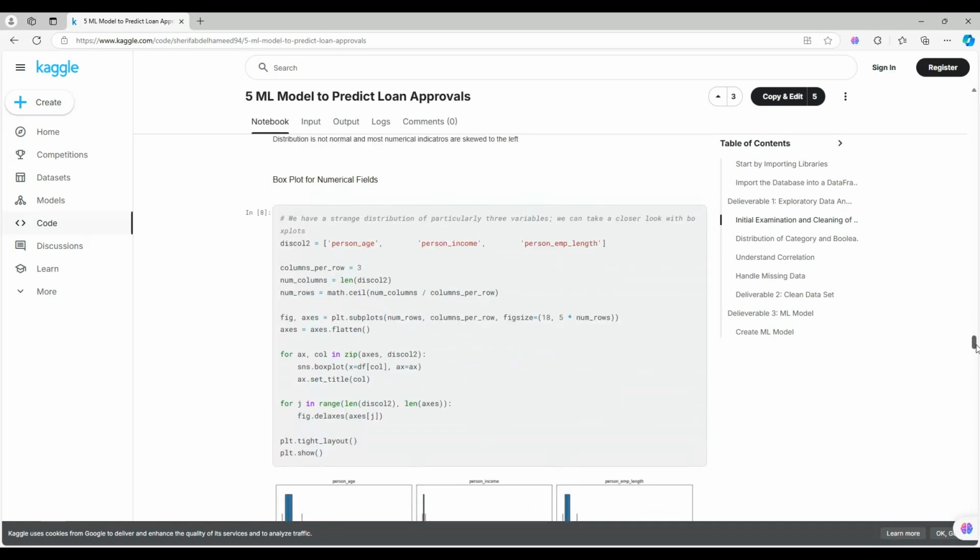Okay, so basically we're going to use a box plot. We will follow some similar code to the one before. We're only going to focus on the 3 that we have mentioned that really look like they have outliers: person age, person income, and employment length.